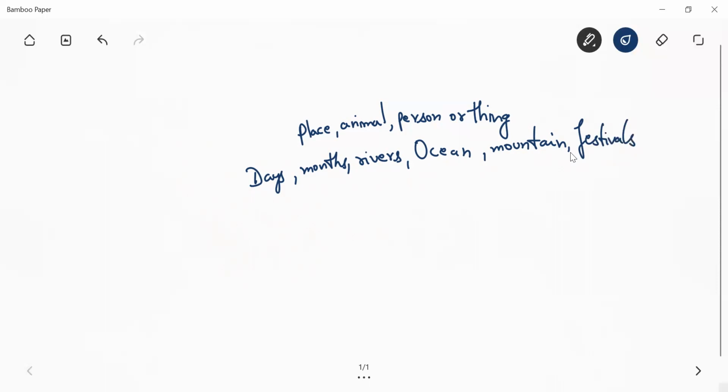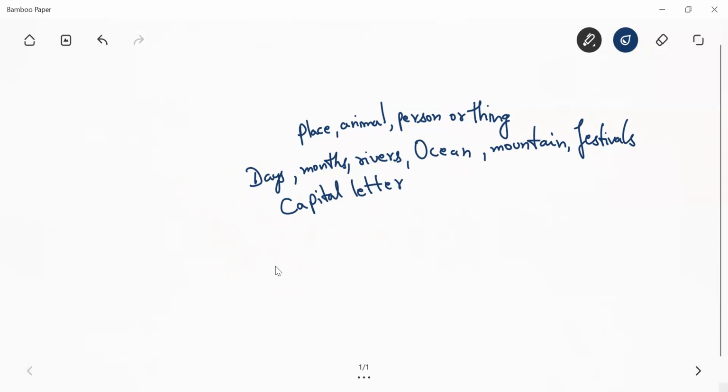Understood? Now, you know one thing, proper nouns are always written with a capital letter at the beginning. We always write with a capital letter at the beginning.